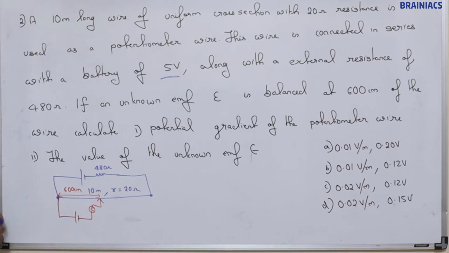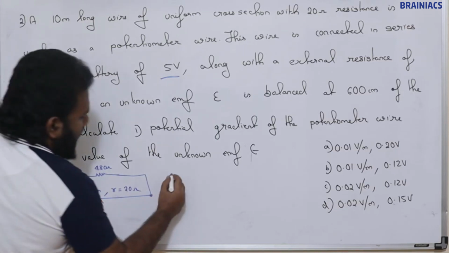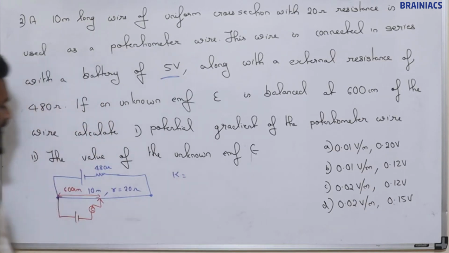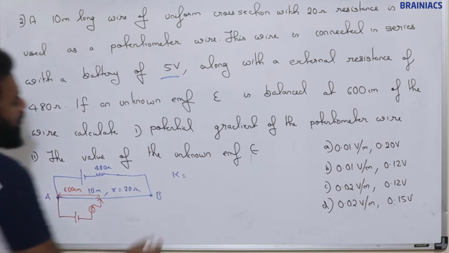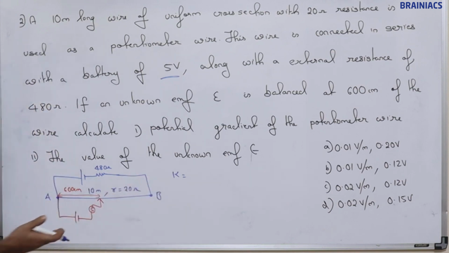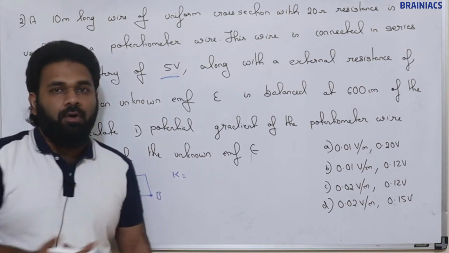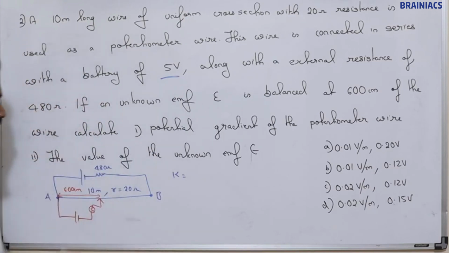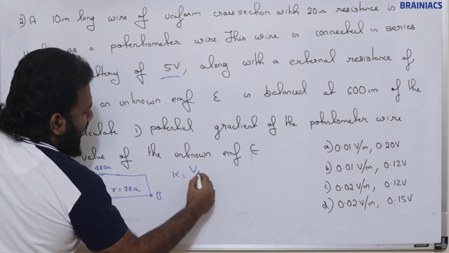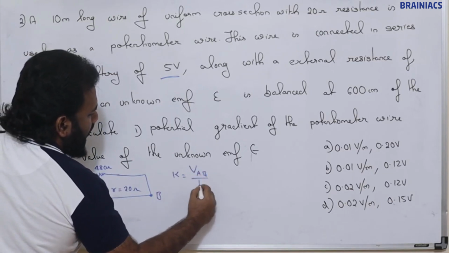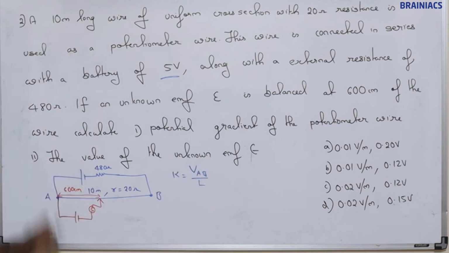Now the first thing we need to find is the potential gradient. So potential gradient K is nothing but, if this is A, B, the potential difference of the wire is not given in the question. Now you will find it. Potential gradient K is equal to VAB divided by length L. Length is there.